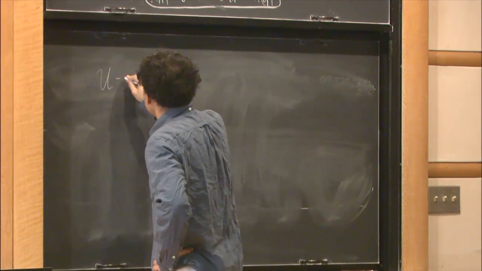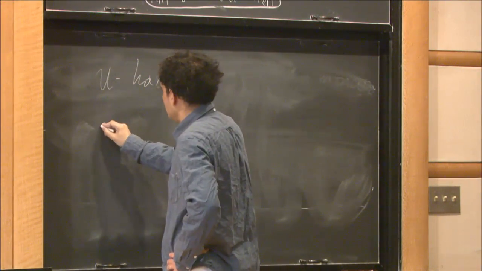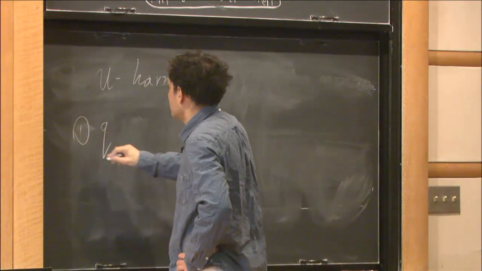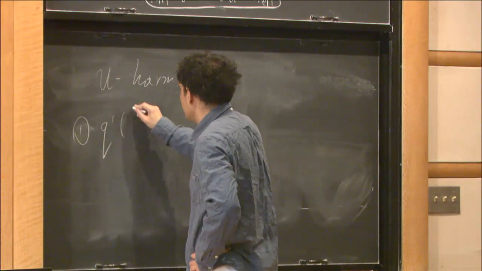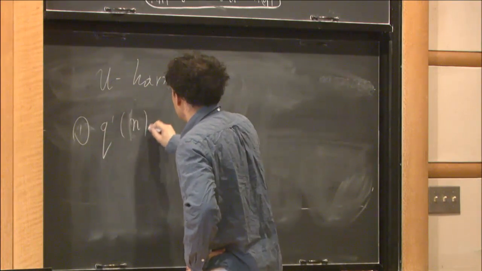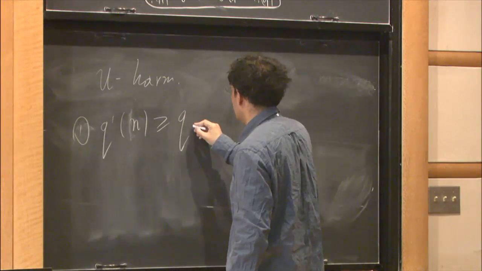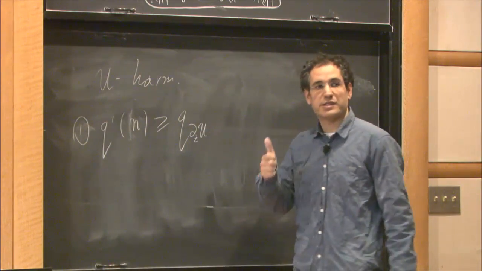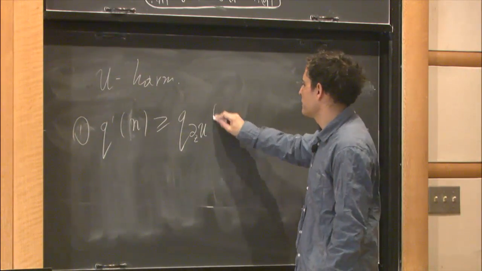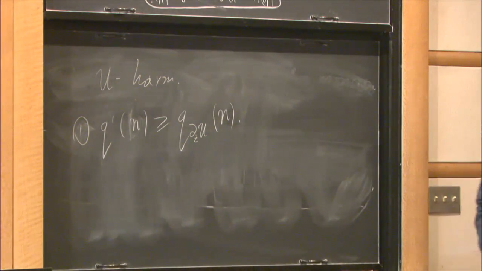You start with U harmonic, and you first show that the Q function for the derivative of U is bounded by the Q function of the derivative of U with respect to the center. Now if you take a harmonic function and differentiate it with respect to the center, it stays harmonic.